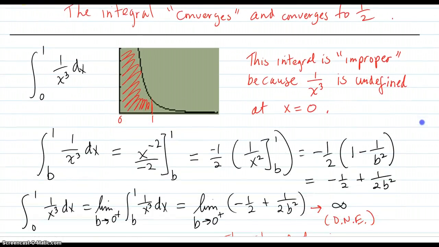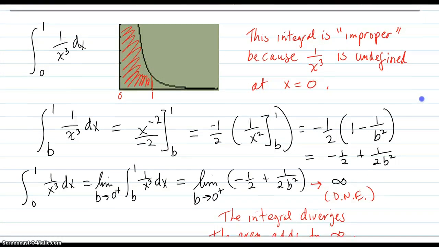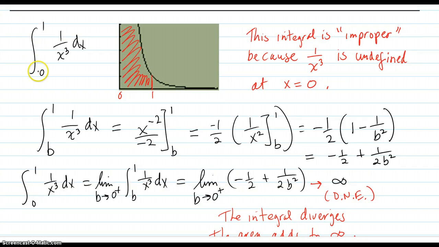Now we have another example here. Same function, but now the integration limits are 0 to 1. Well, at 0, the function is undefined. So that's what makes this improper. And here's the picture. So the question is, is this curve slammed up against the y-axis enough so the values that are adding up there are small enough to converge the sum?